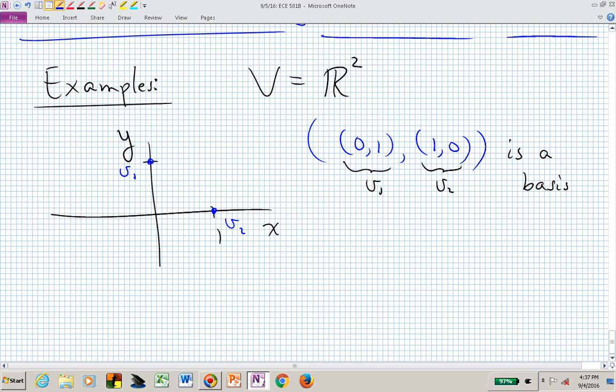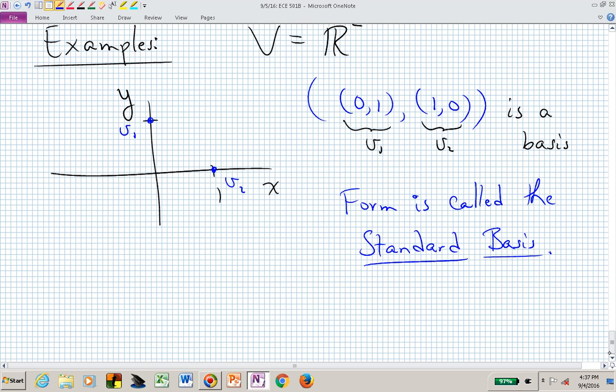This particular example of a basis for R2 is given a formal name, the standard basis, because now we have zeros in all coordinates except 1 in a unique coordinate position in each vector. This form of a list is called the standard basis.